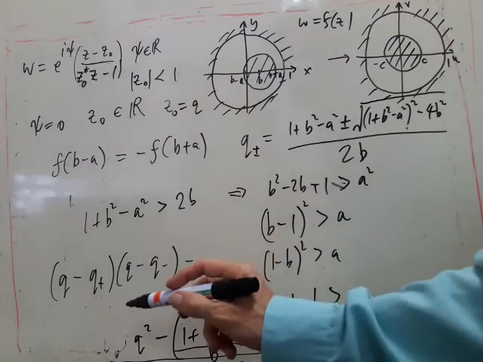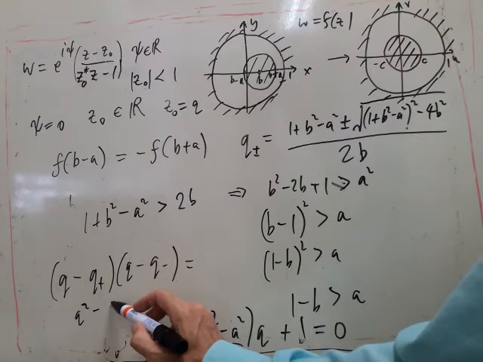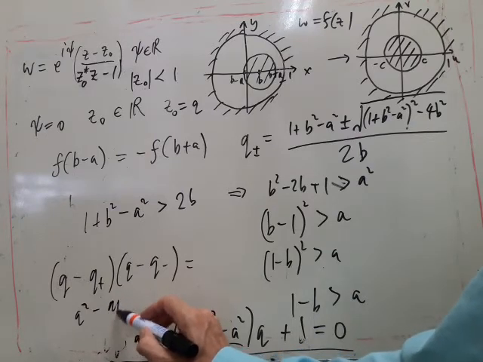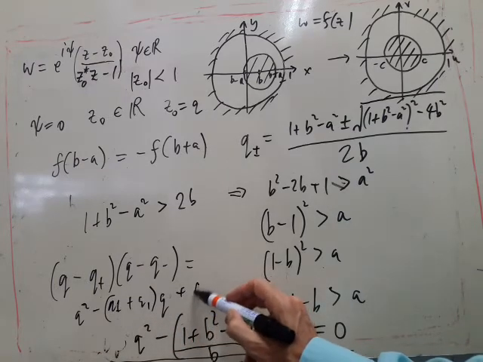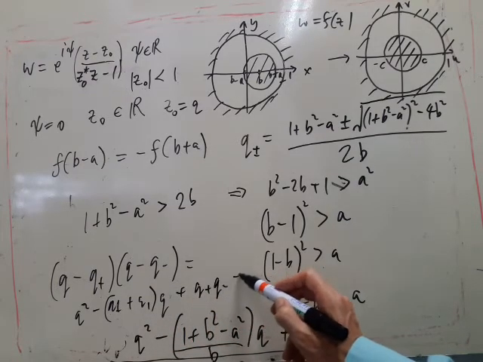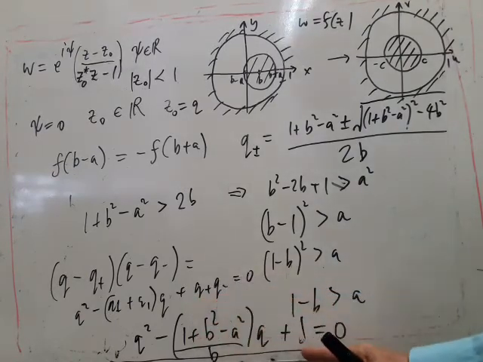So if I expand these brackets, I get q squared minus q plus plus q minus times q, plus, importantly, q plus times q minus equals 0. Now, comparing terms, q plus times q minus is equal to 1. This is a very useful trick to know.